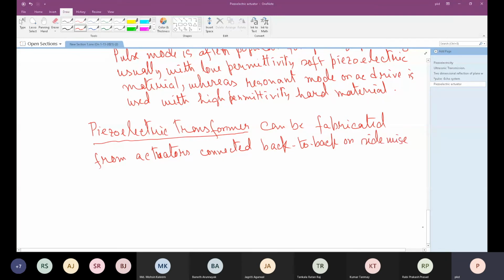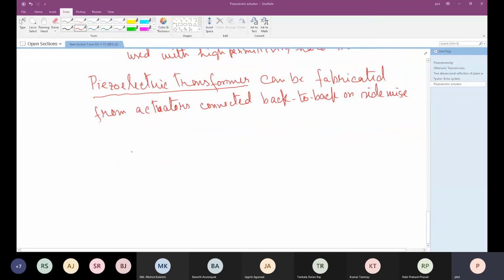It depends on which side of the deformation we want to pick up. If we want to pick up the longitudinal deformation sidewise, then two piezoelectric slabs will be connected side by side.